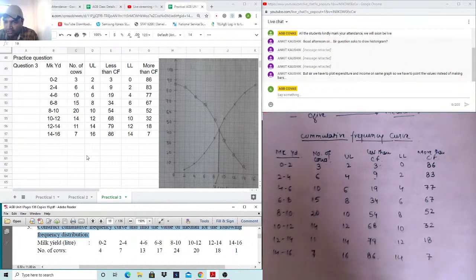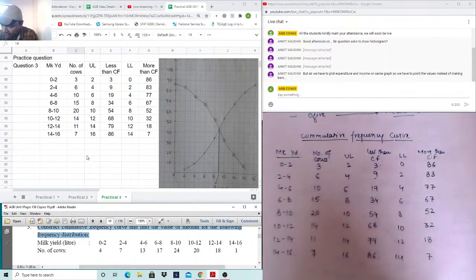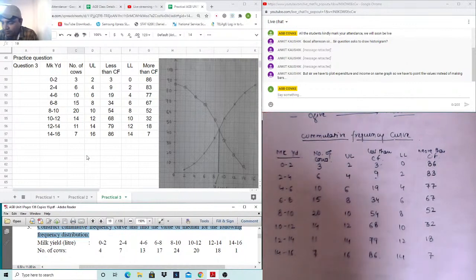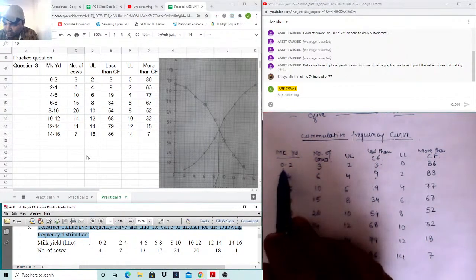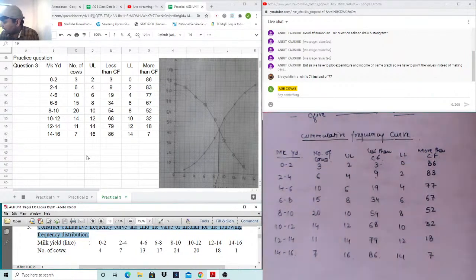The highest value is 86 and the lowest value is 3, so from 3 up to 86. On this y-axis we will go up to 86, and on the x-axis we have to take this continuous class interval of milk. I will tell you how to do this.